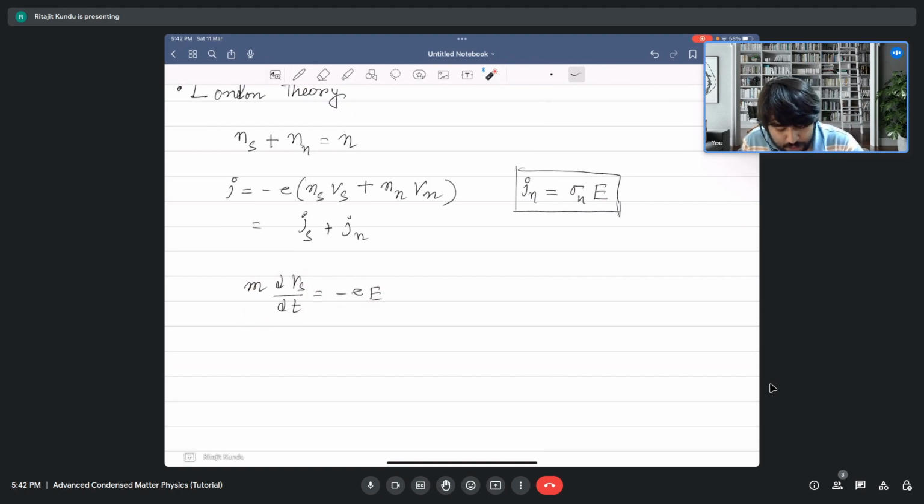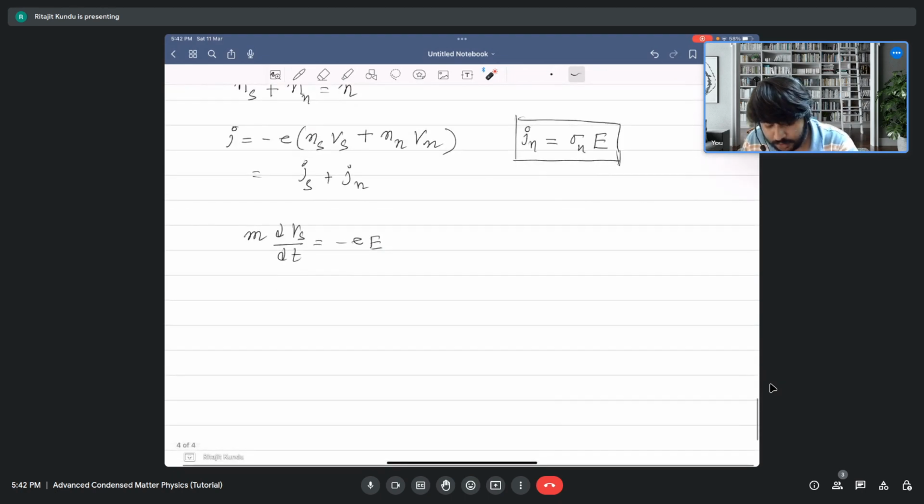Because the charge we are concerned with here is the electron charge, this is minus e E. So this is simple, and this is for only the electric field. We will introduce the magnetic field soon.